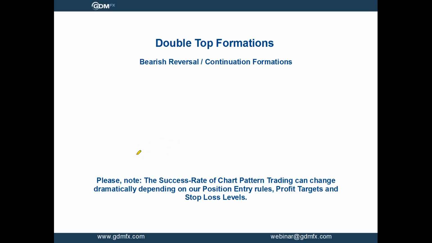Basically, a double top formation occurs when the market advances to a certain high, retraces slightly, then tries to advance to that high, a little bit above, a little bit below, a second time, and fails again, and then reverses to the downside.